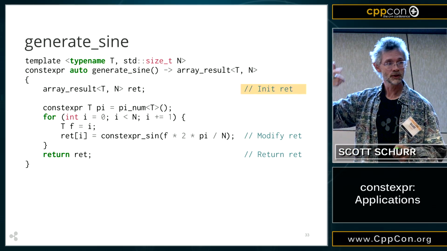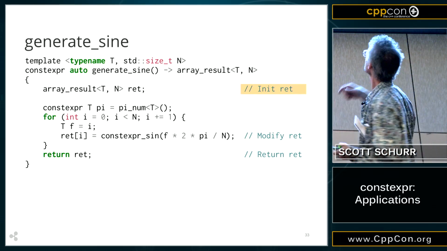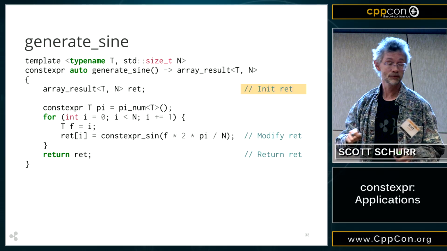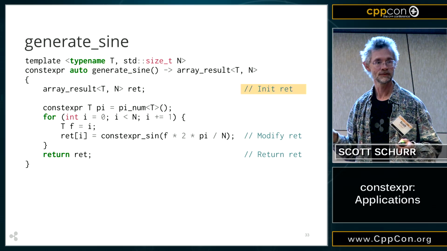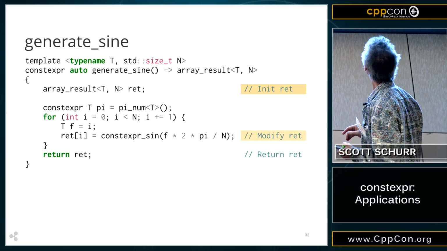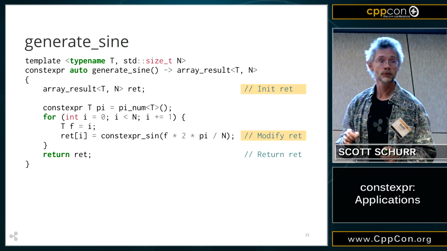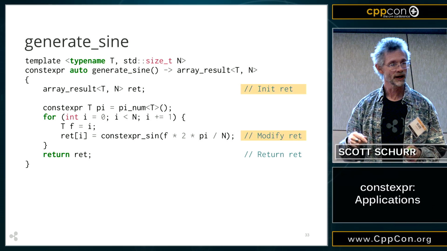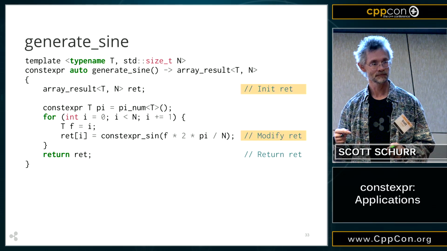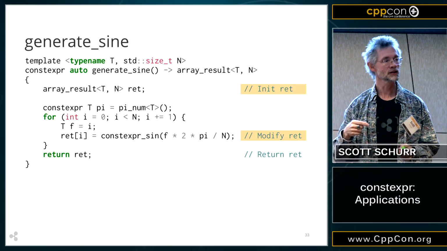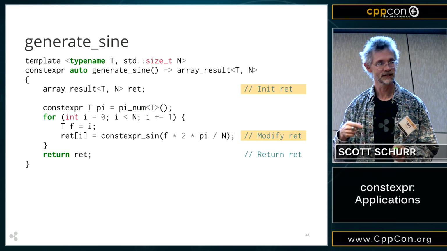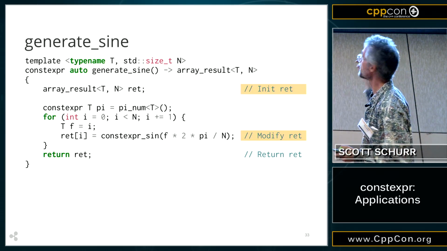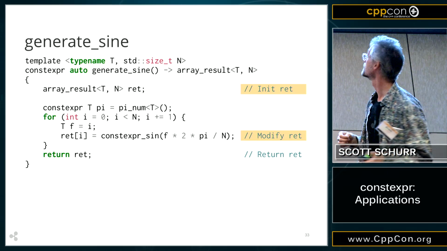So getting to the non-const values, we're going to initialize our result. That defaults everything. And now we're going to walk through the elements of that local array and modify them. We can only call constexpr functions, but using those constexpr functions, we can modify the contents of that array.